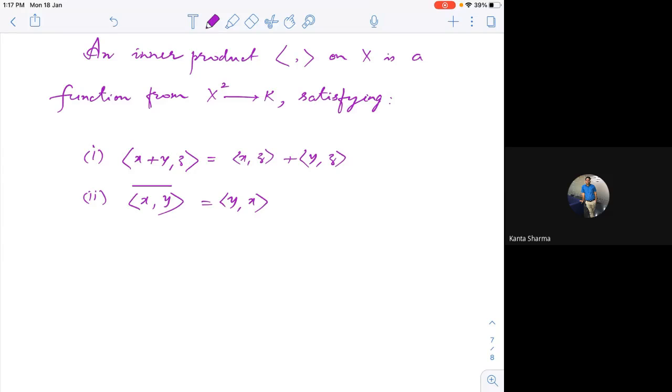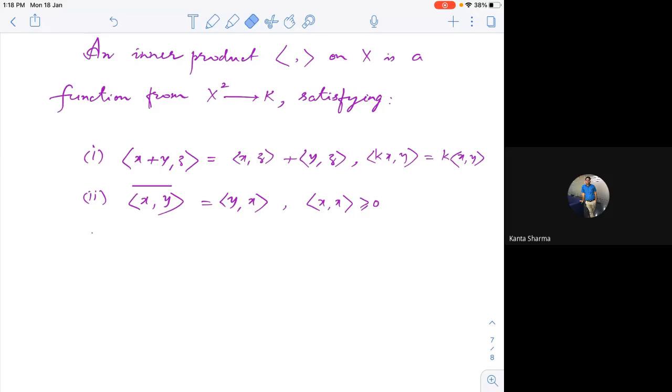And another point is that x comma x should always be non-negative, not only to be non-negative. And there should be another property, of course, I must mention, third property. I should have mentioned this one as second one. I should mention this one as kx comma y is equal to k times x comma y.